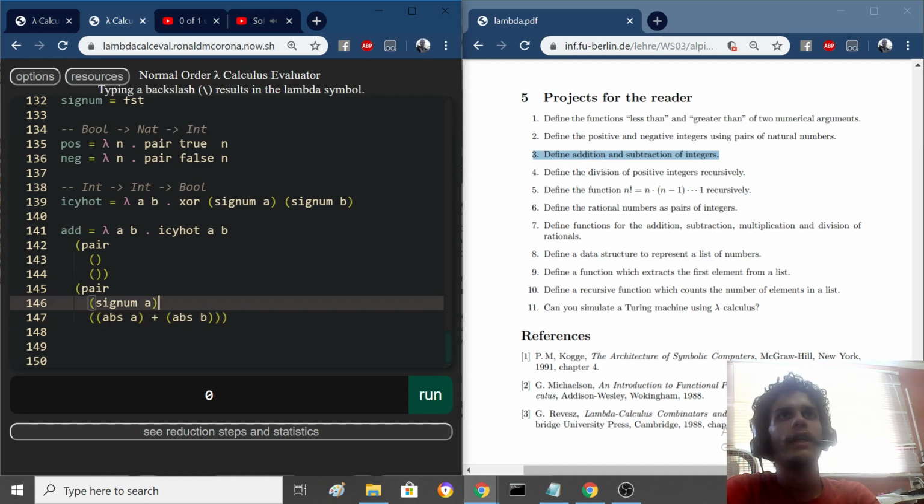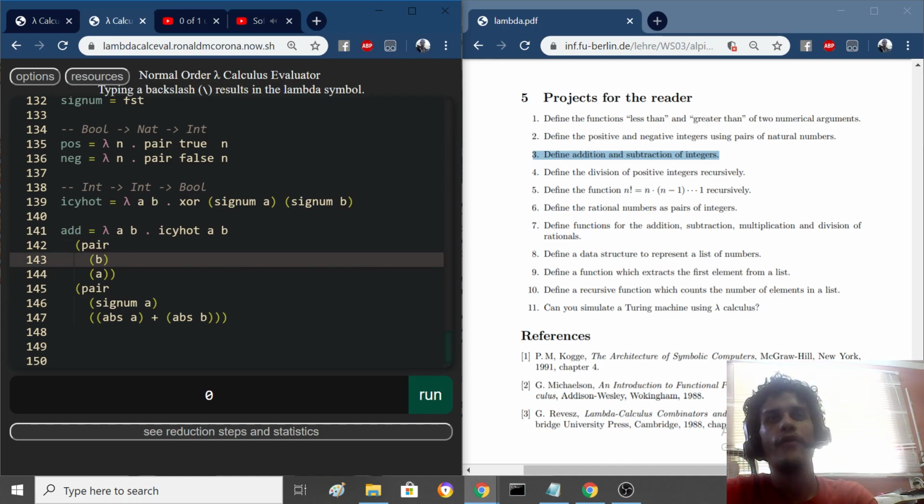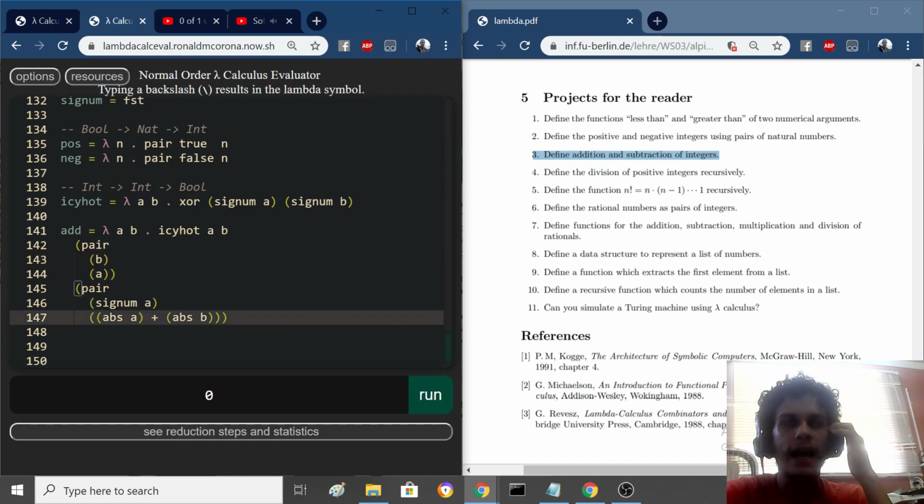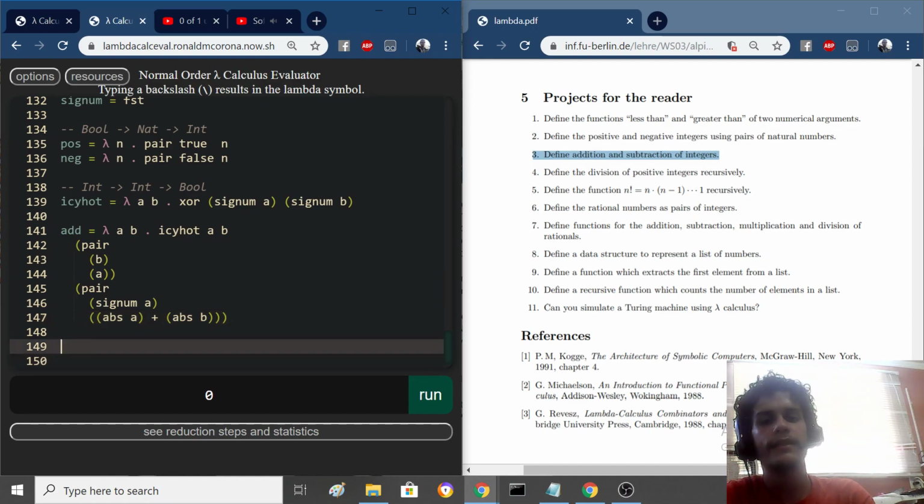Alright, so that will handle them. I'm just going to put some random stuff in here. It doesn't matter what I put in here because I'm going to just test out that it works for same sign additions first before I continue, right? So let's add a couple things. Integer 4 and integer 5, we should get 9.